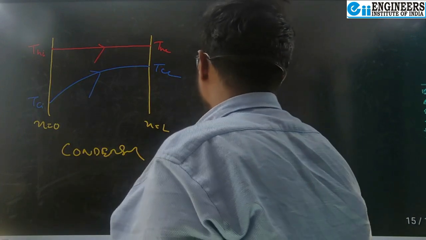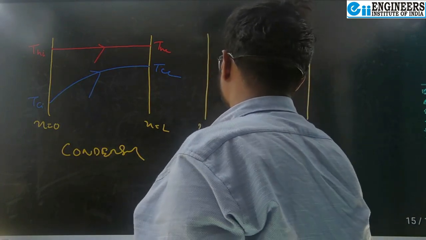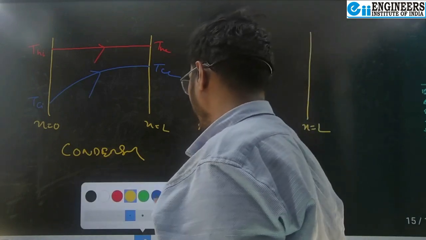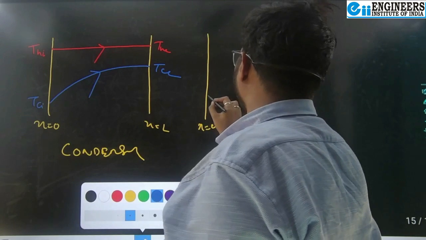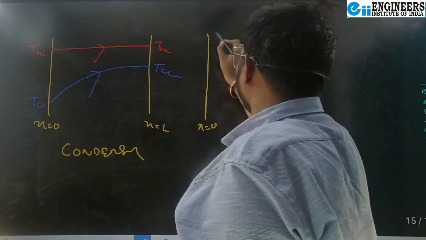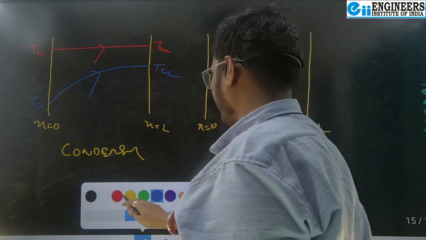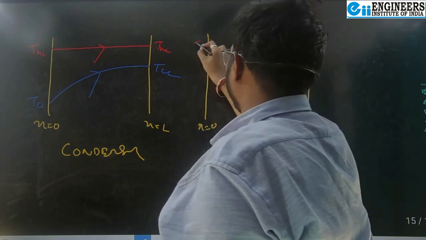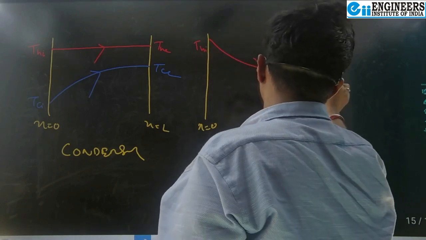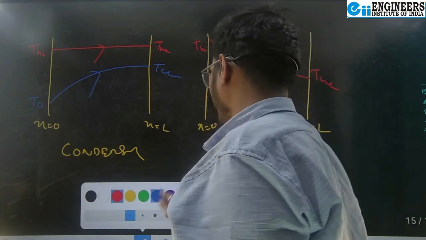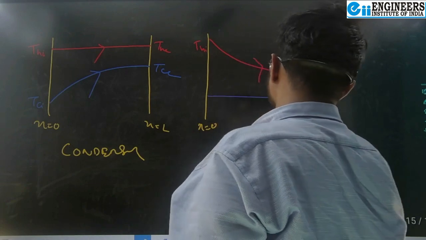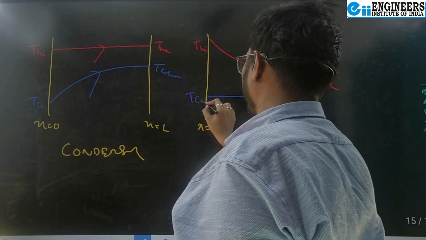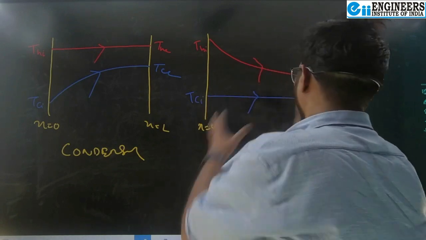The best example is the system from x equals 0 to x equals L. There will be a very hot object going from high temperature to low temperature, THI, THE, and the cold fluid temperature will go from TCI to TCE, absorbing heat.